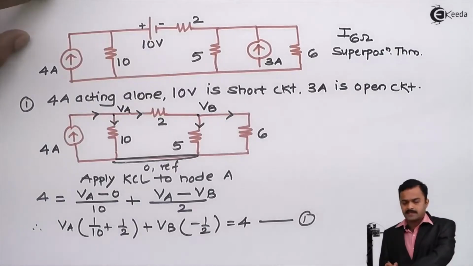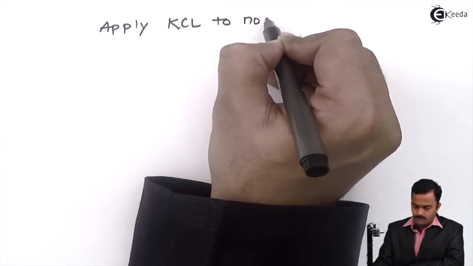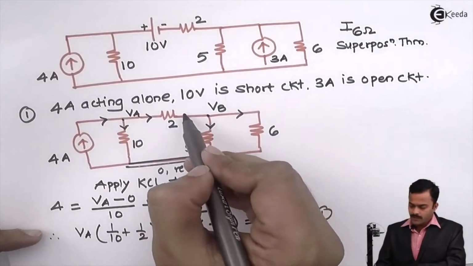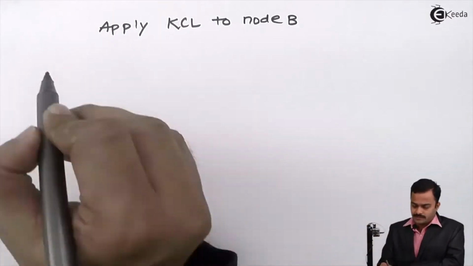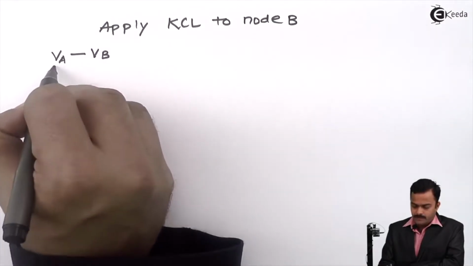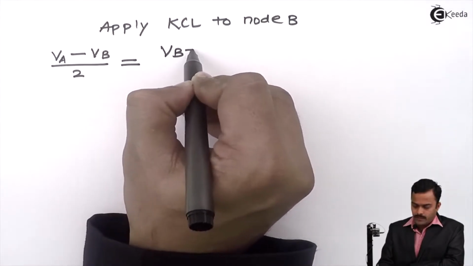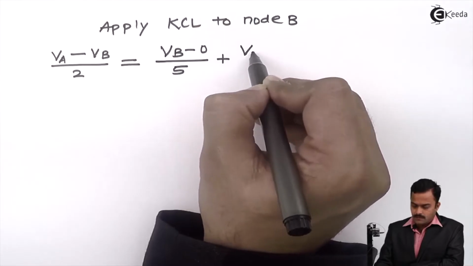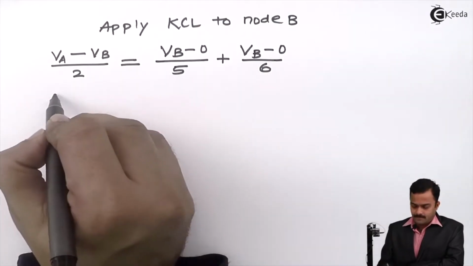Similarly, I can apply KCL to node B. So at node B, 1 incoming current, 2 outgoing currents. Let's write the equation: (VA minus VB) divided by 2 equals (VB minus 0) divided by 5 plus (VB minus 0) divided by 6.